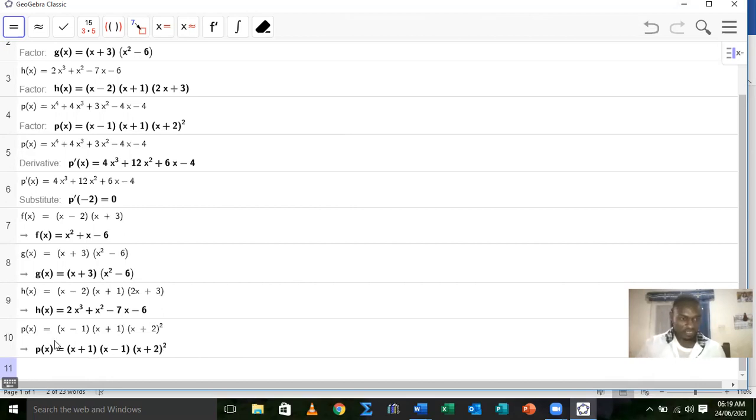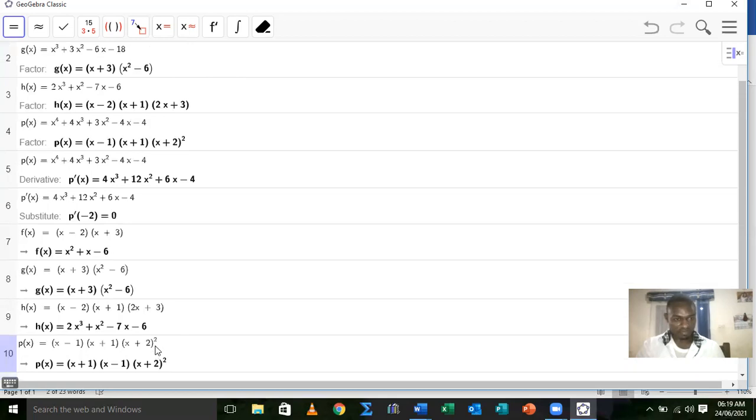Okay, please, let me just show an illustration of one. Look at this. Let's get to p of x. If p of x was given in terms of its factors, to expand this, we simply click there, and you go to this.